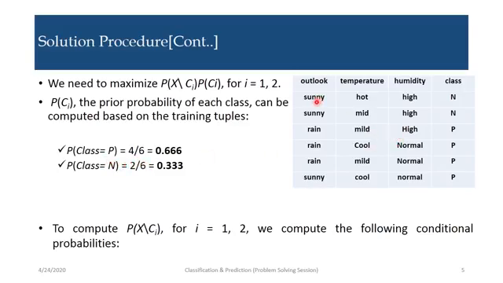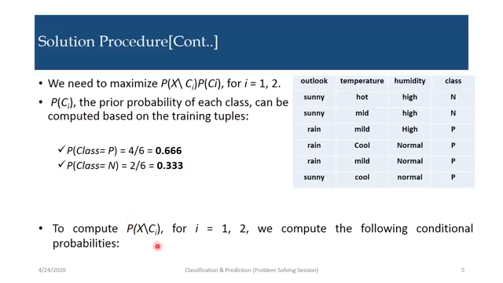As you can see, we have only 6 tuples. Out of 6 tuples, 4 tuples have the value P, that is 4 by 6, the probability is 0.666. Next, the probability of class N: there are 2 tuples that belong to the no category. So, the probability of class N is equal to 2 by 6, which is equal to 0.333.